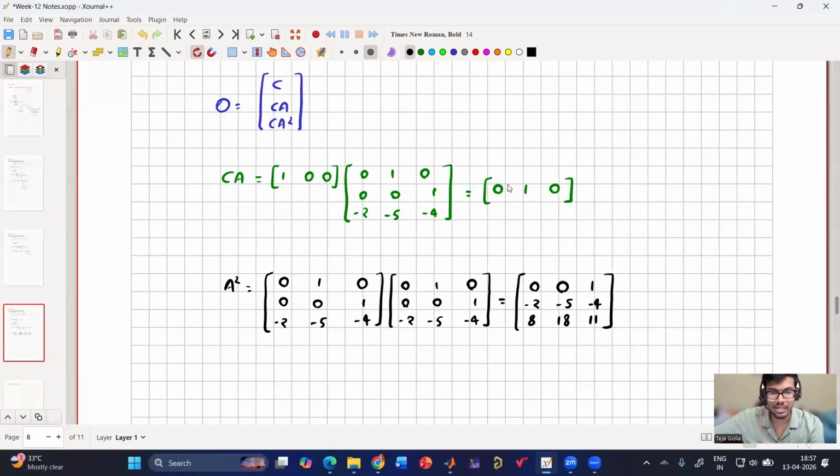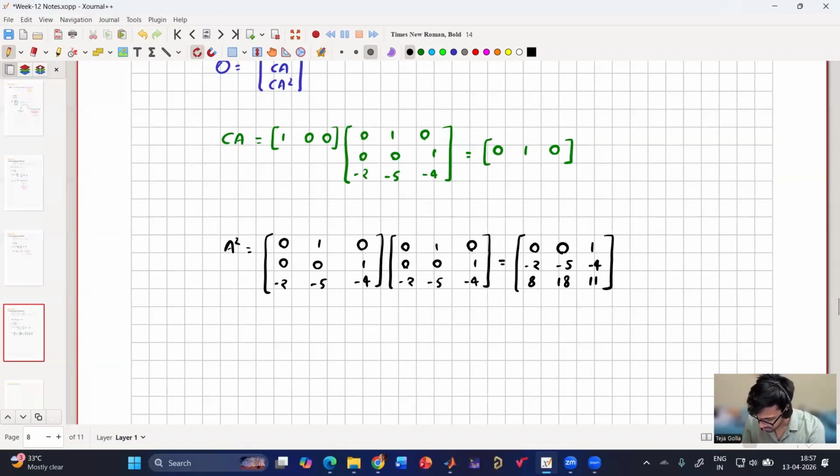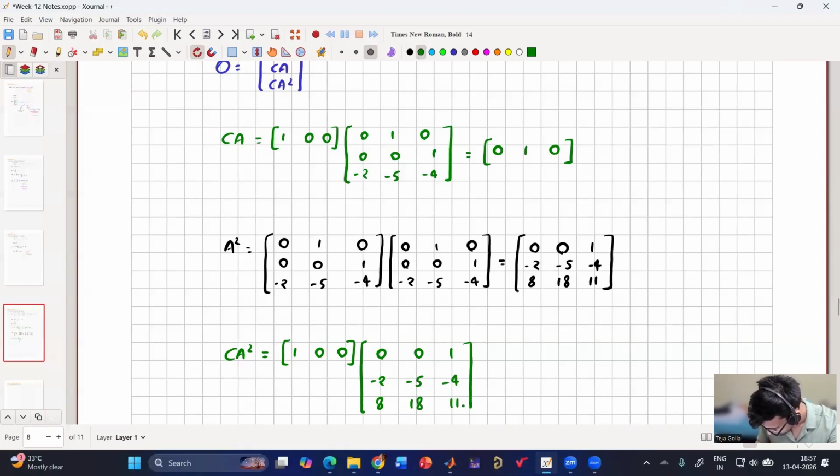Now let us multiply CA square. So C into A square. CA square is [1 0 0] times A square. Hopefully I have not made any mistake, but again, we'll cross check using MATLAB. So it will be 0, 0, 1.